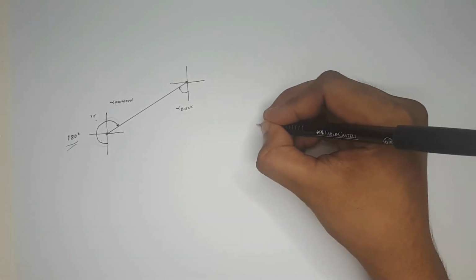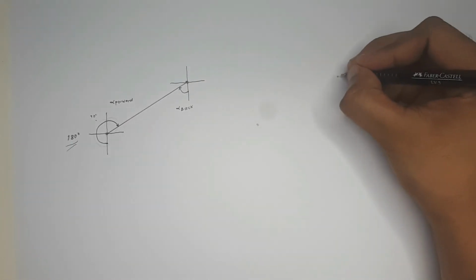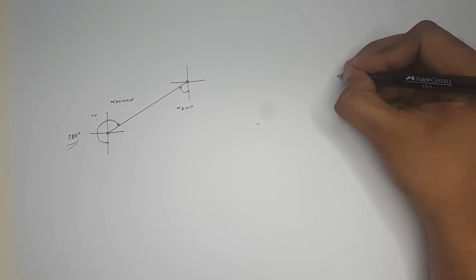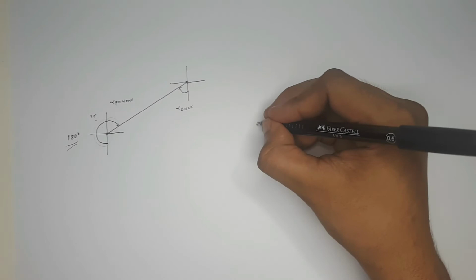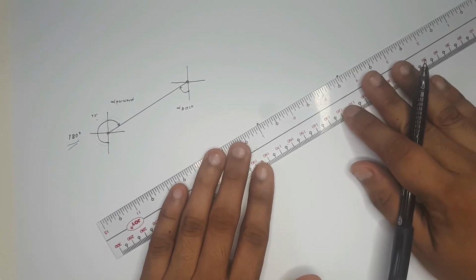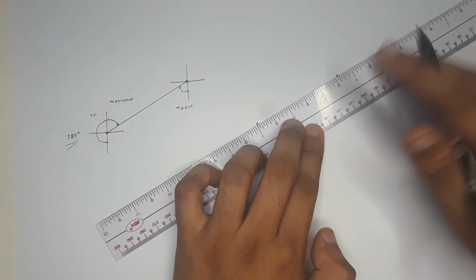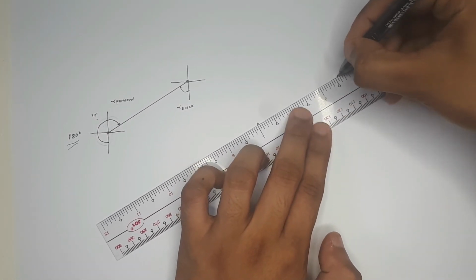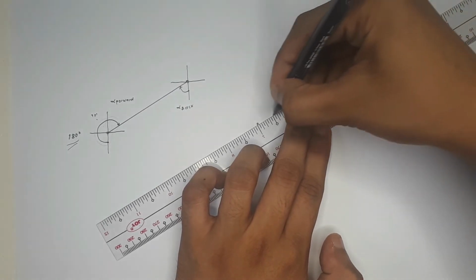So next, let's try to make another illustration. For this illustration, our initial point will be here and our terminal point will be here. So let's just connect these two points. For the progress of our line here, the direction is from this point to this point.